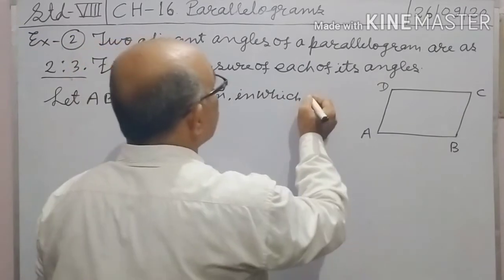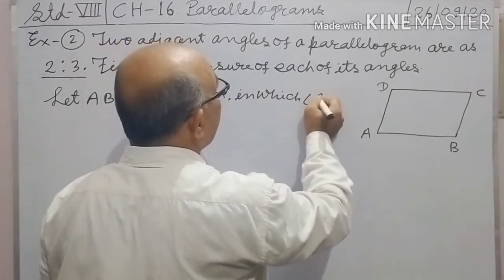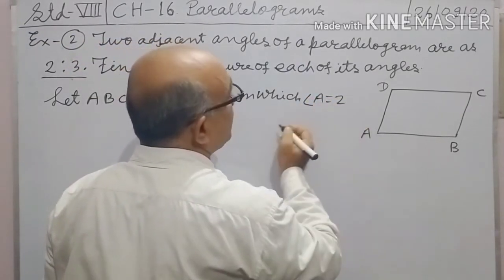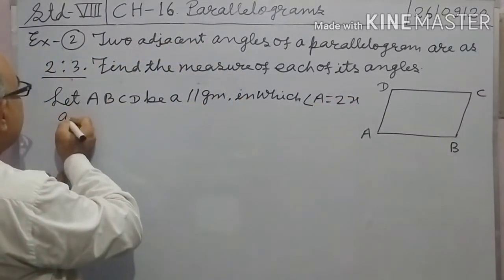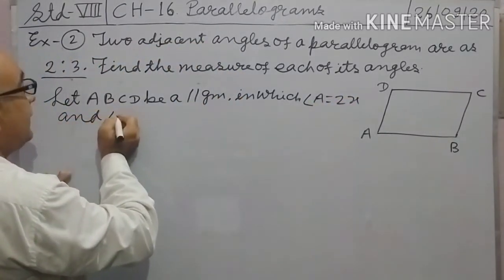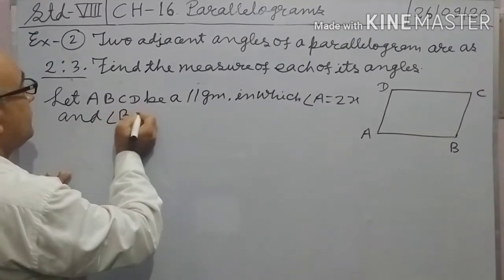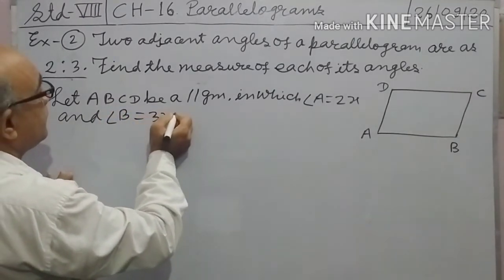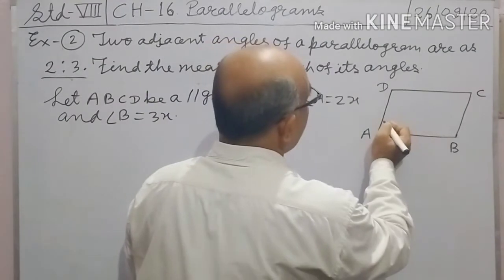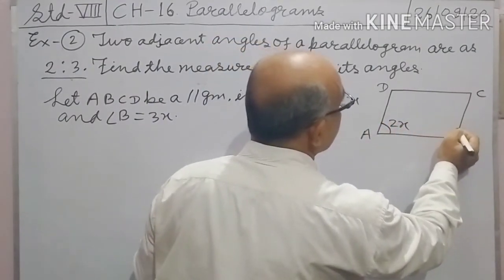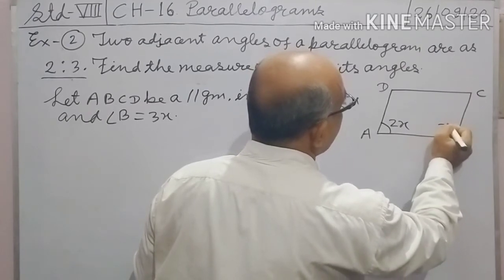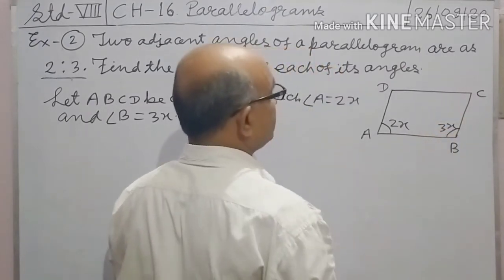So let angle A equal to 2x and angle B equal to 3x.